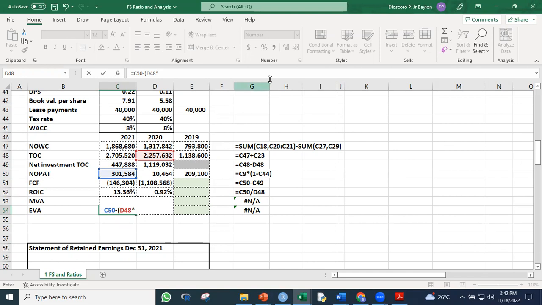So how much will we charge management for the use of the operating capital? Paki-chat, please. How much? And we reckon it from the beginning.